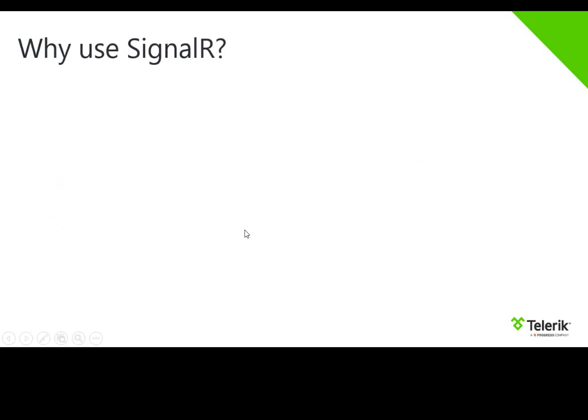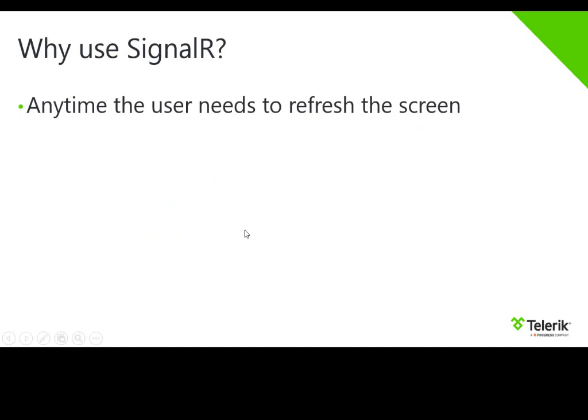So why would you use SignalR? There are a couple of scenarios where you would want to think of using SignalR. Basically, you have to question yourself as to when you should go real-time web. One of the simplest cases is anytime the user needs to refresh the screen. Let's say you're looking at a piece of data and it requires the user to refresh the whole screen in order to refresh just a particular grid or just the particular data that he wants.